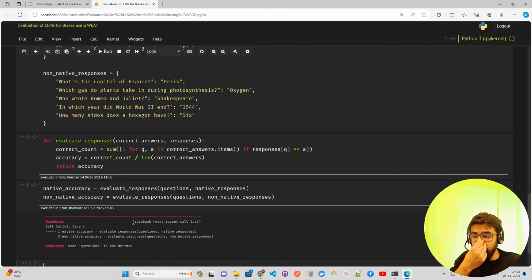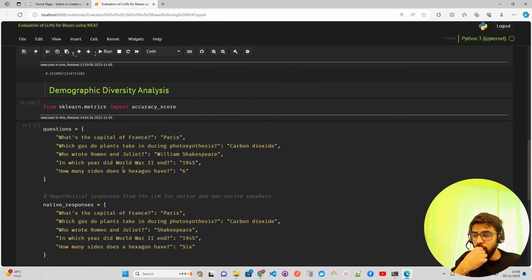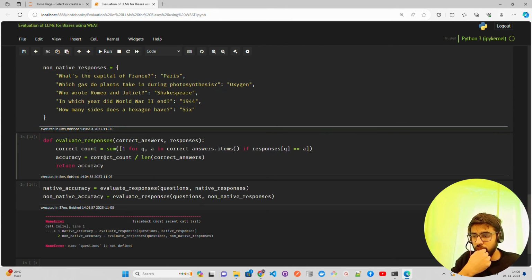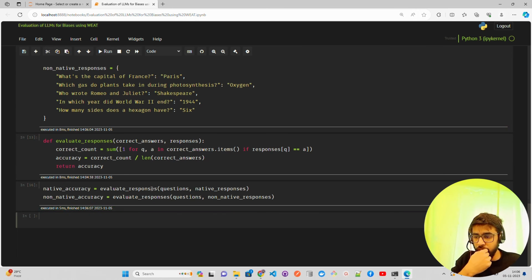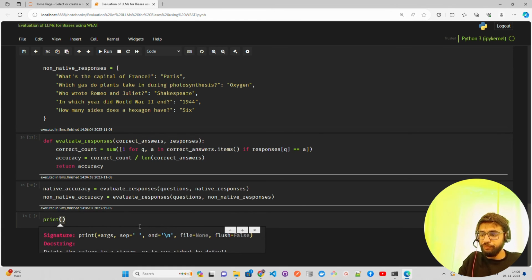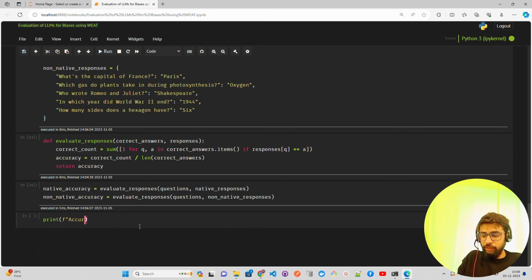It says questions is not defined. Oh, I didn't run this or what? Oh, this is really surprising. Okay, I didn't run that cell. Okay, questions now. Let's print. So print accuracy for native English speakers, and then here I'm going to just write native_accuracy with a format of two decimals.